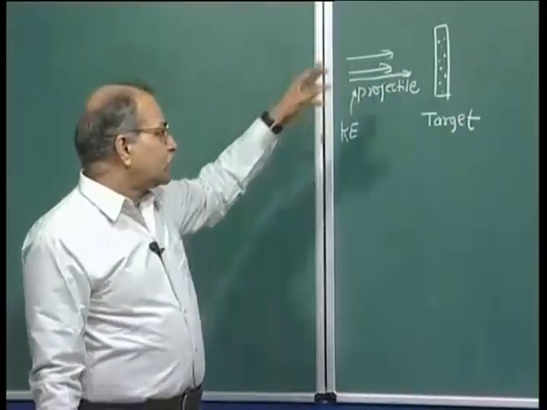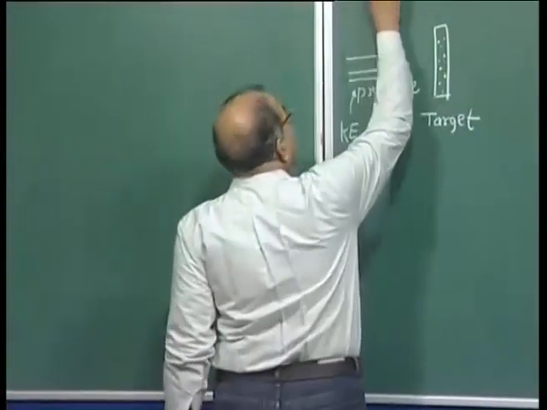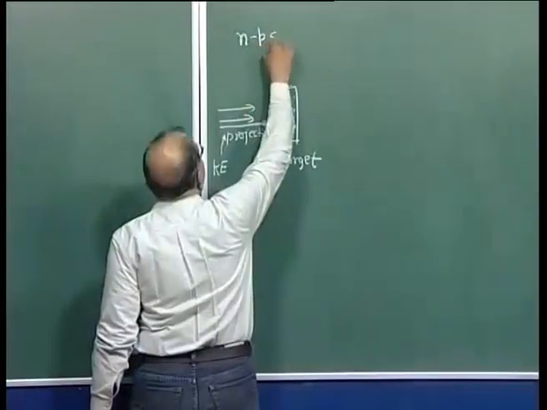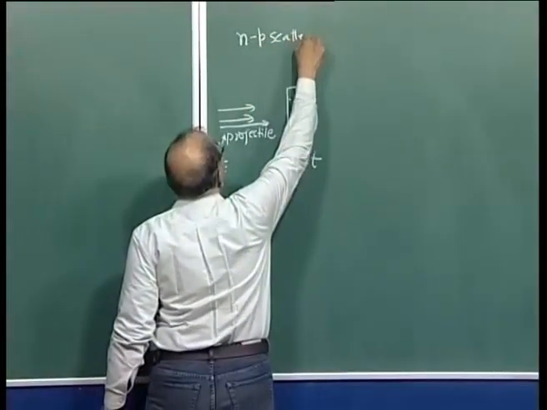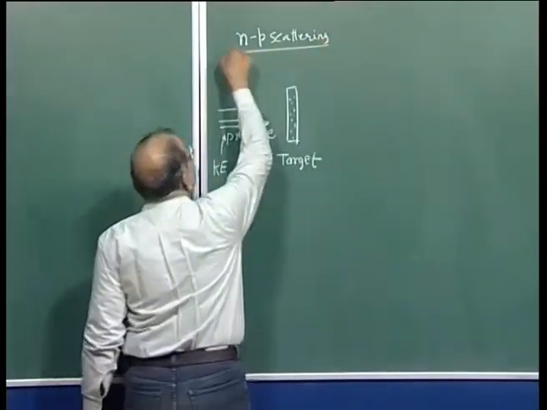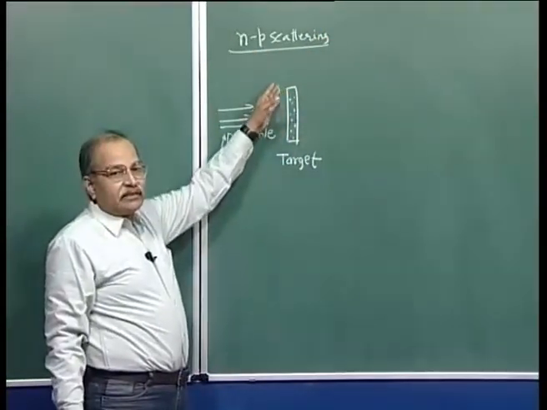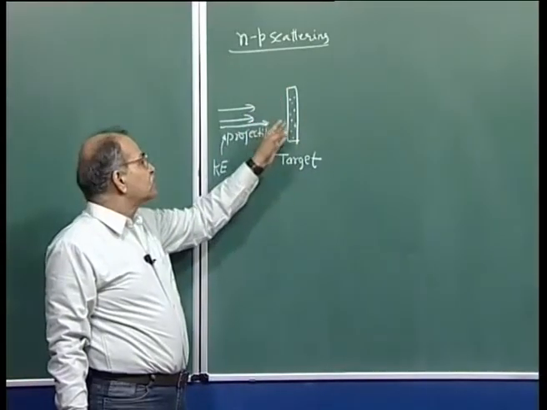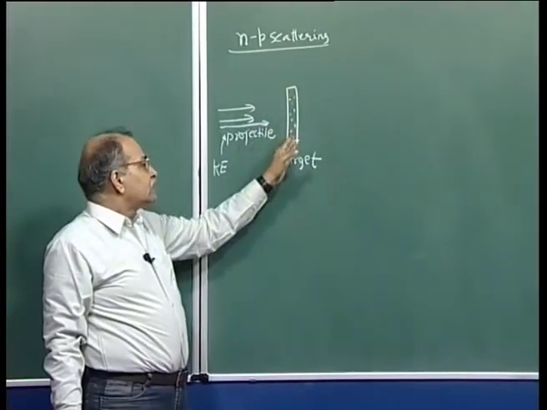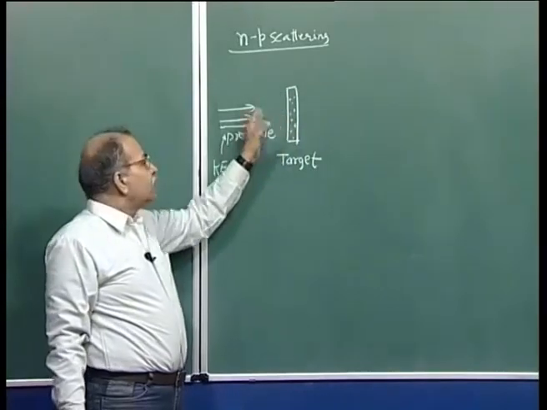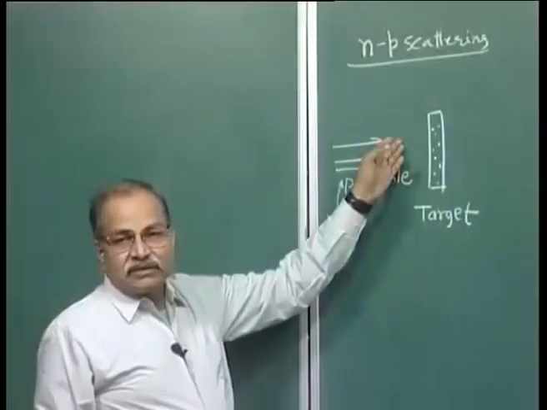So, what we are trying to work out is NP scattering. Here you will have a target containing hydrogen, and the protons will be the scattering centers that will be fixed here in the target, and neutrons will come from one side.